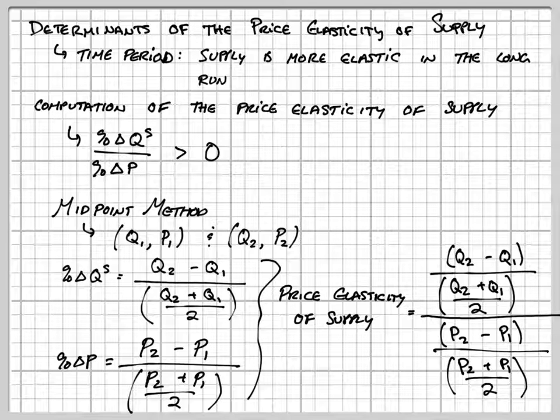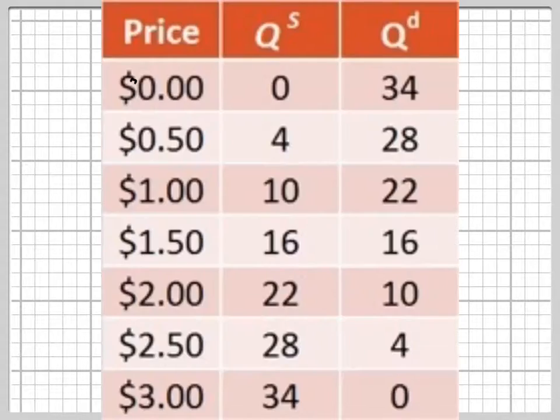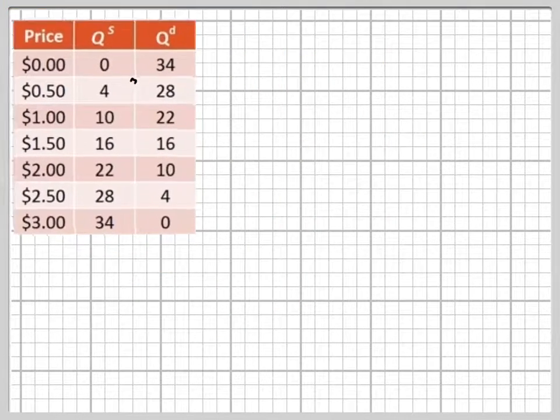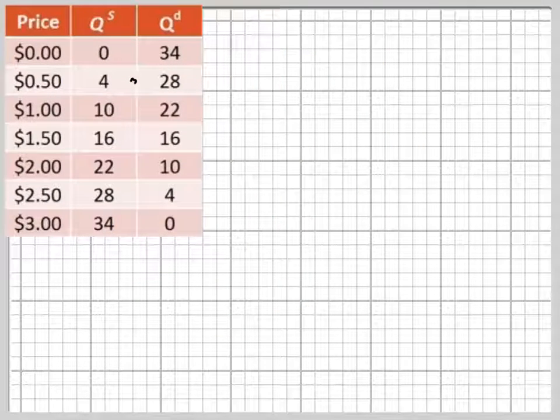So let's do an example. So here's our supply curve from before and our demand curve.